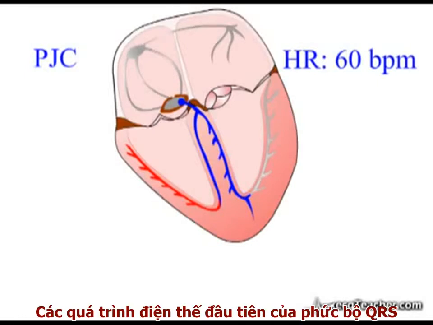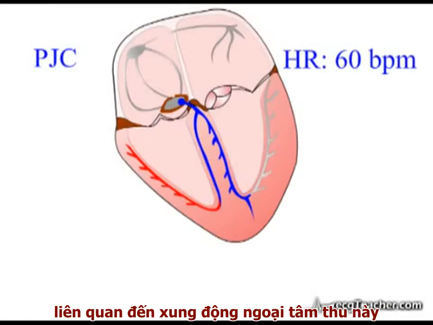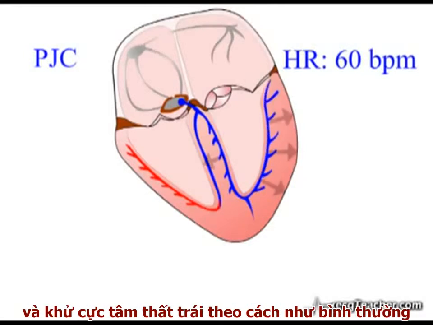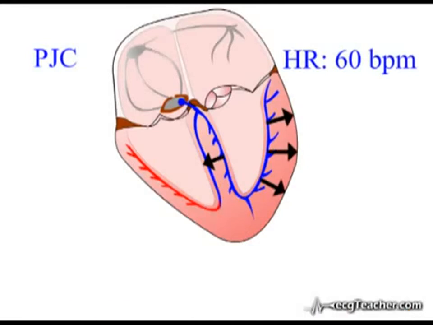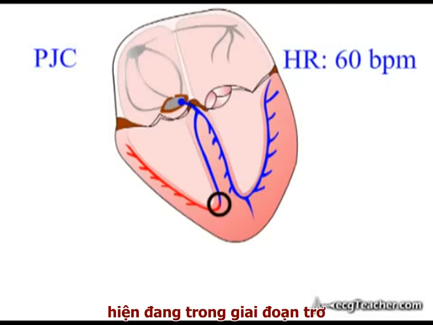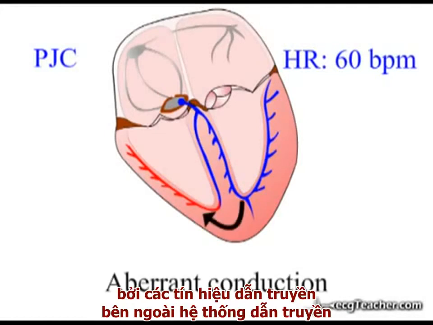The initial events of the QRS complex associated with this premature discharge are conducted as normal through the left bundle branch, and will depolarize the left ventricle in the normal fashion. However, once the premature depolarization wave encounters the refractory portion of the right bundle, the right side of the heart must be depolarized by signal traveling outside the conducting system.